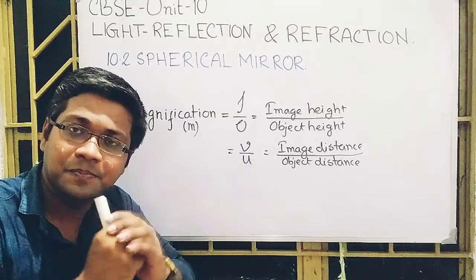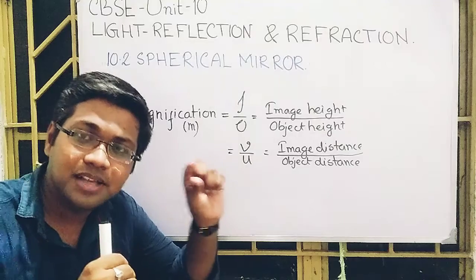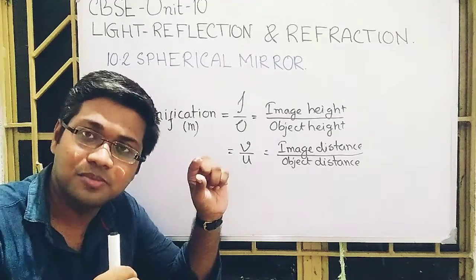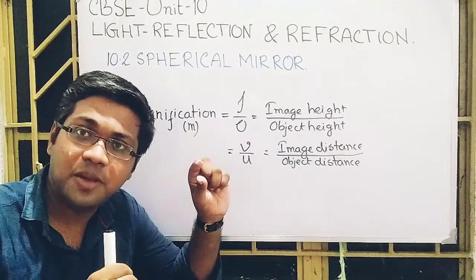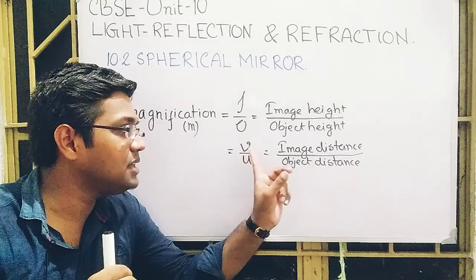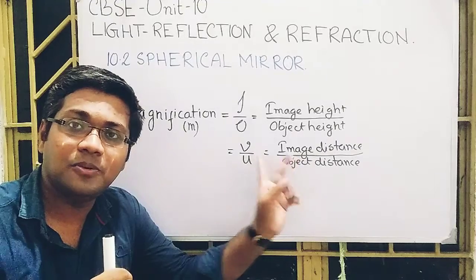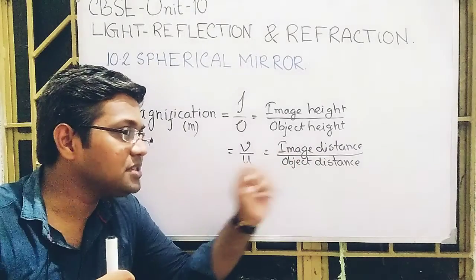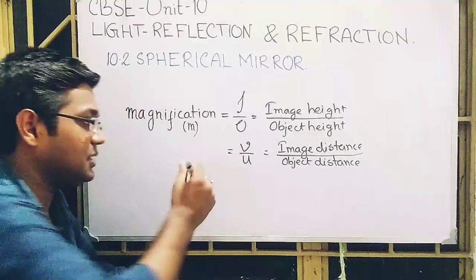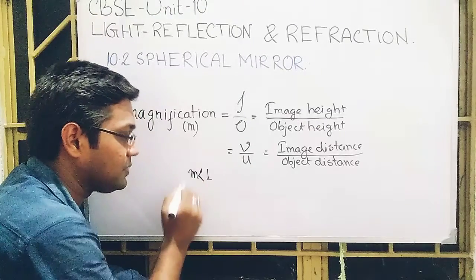Conversely, if I is less than O, if the image size is shorter than that of the object, then the magnification is less than 1. If m is less than 1, then V by U, what will it be? The image distance is less than the object distance. Why?